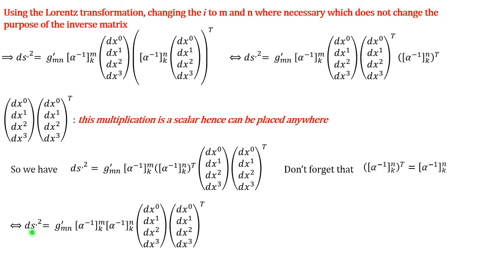That implies that ds prime squared is equal to g prime mn alpha inverse mk alpha inverse nk dx0, dx1, dx2, dx3, and dx0, dx1, dx2, dx3 transpose. Finally we have ds prime squared equal to g prime mn alpha inverse mk alpha inverse nk, and then this matrix here is dxm, and this other matrix, which is transposed, is dxn. You see that they are not the same, because this one is a row matrix and this one is a column matrix. So that's why I have dxm and dxn.